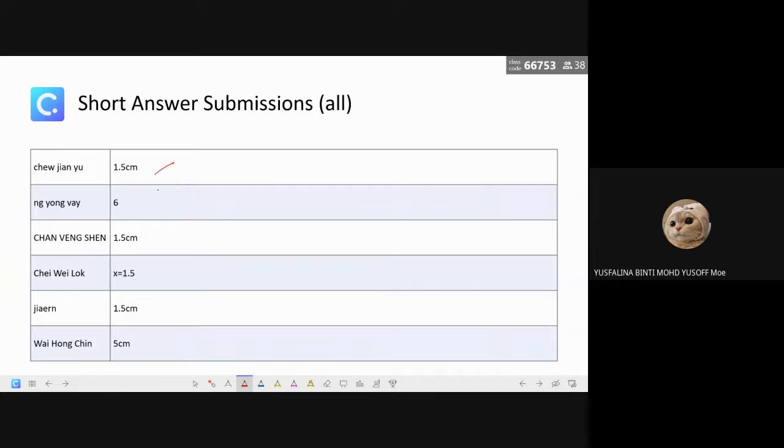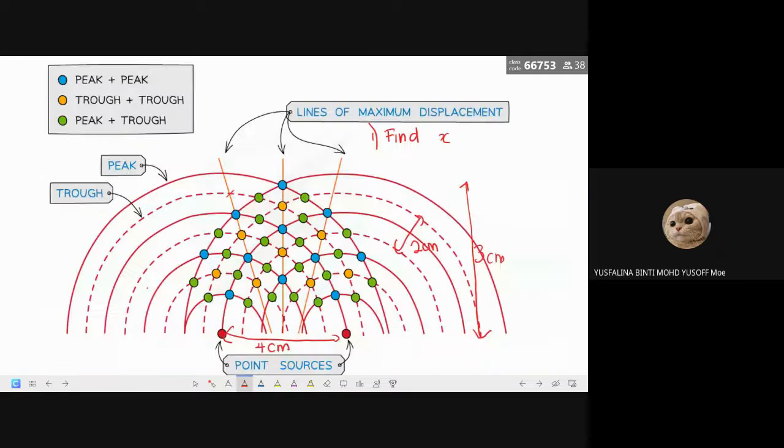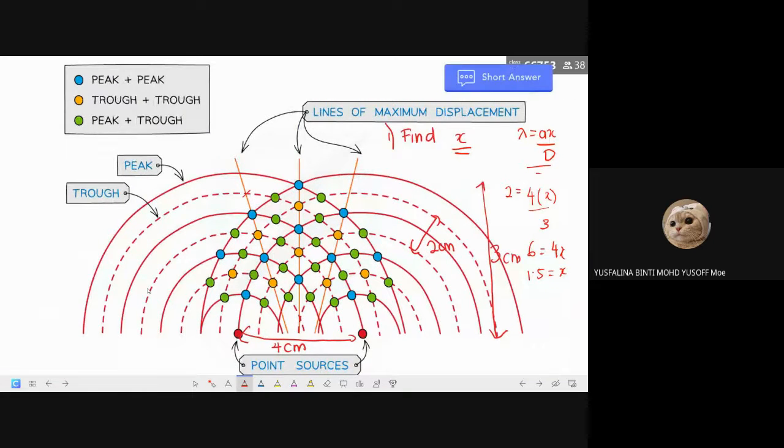Okay, some even very wrong. Please don't leave your answer in the fraction. Let's say you give 6 divided by 4.